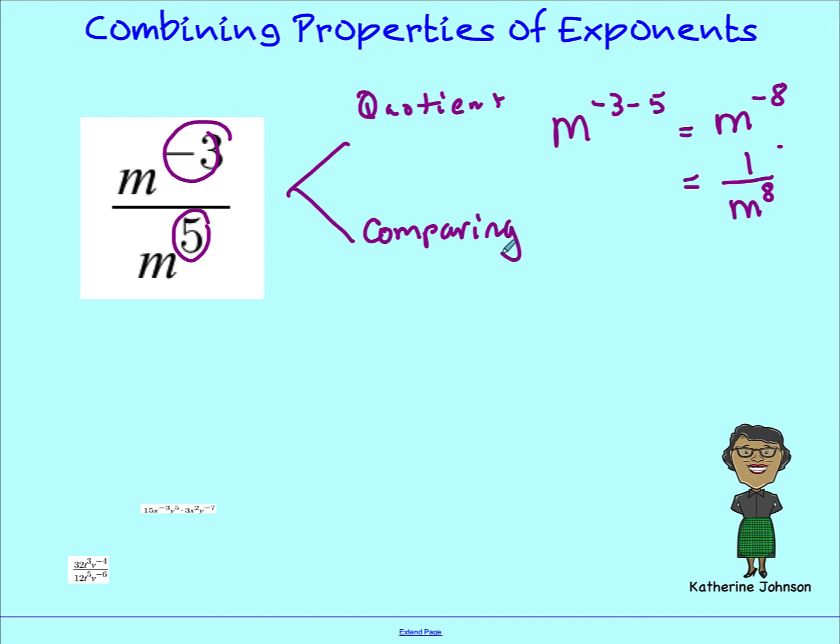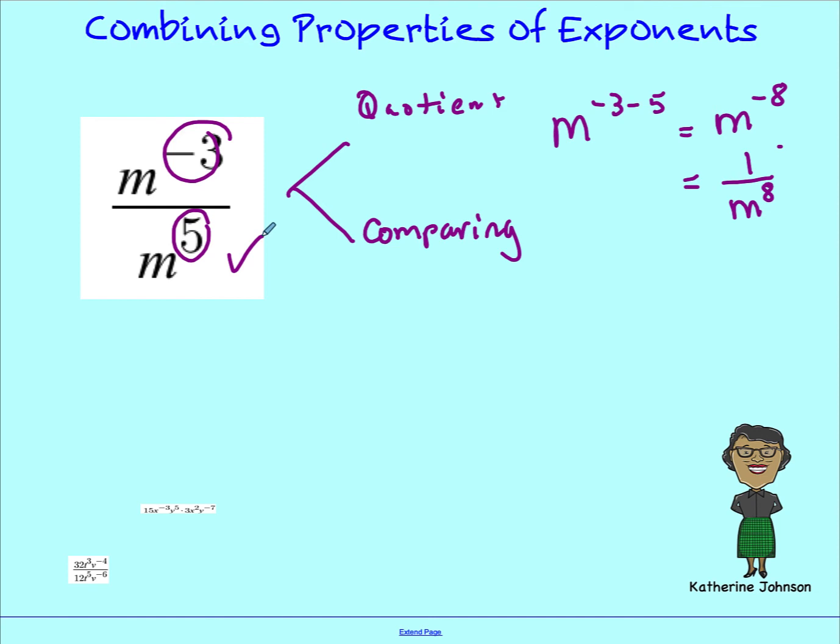I go ahead and I say, okay, where do I have more m's? Do I have more m's in the numerator, or do I have more m's in the denominator? And in this case, I see that negative 3 is less than 5. So that means I have more m's in the denominator. That's my little head game I use, which tells me that my m's are going to end up in the denominator.